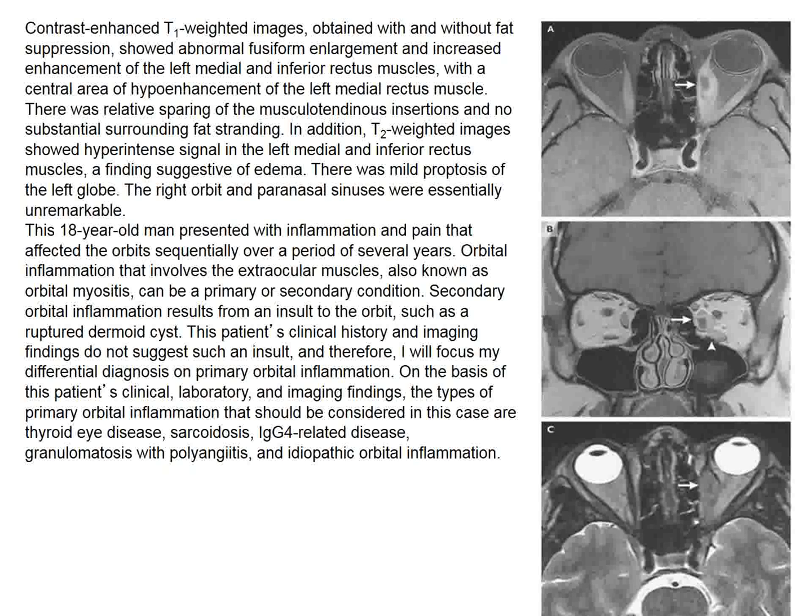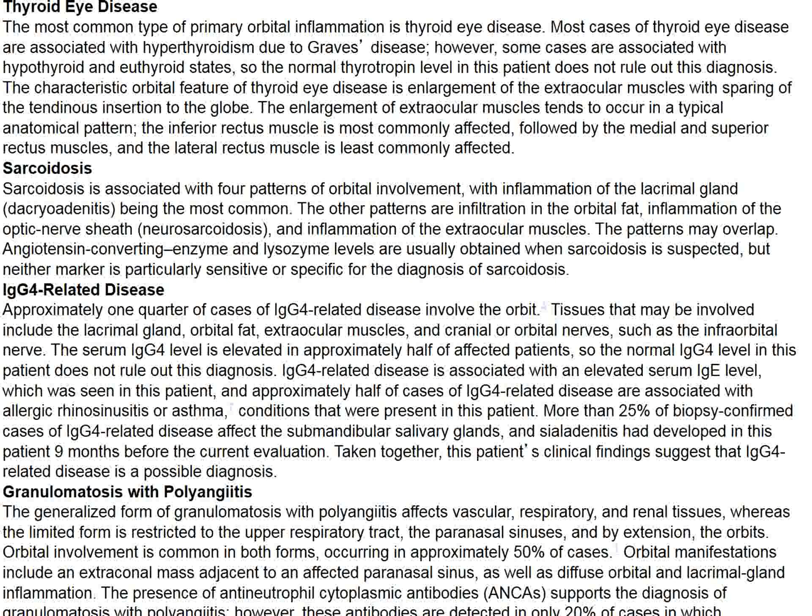IgG4 related disease remains in the differential, and these conditions are discussed here. Could this be sarcoidosis? No evidence. To make the diagnosis of IgG4 related disease, a biopsy would be necessary, since IgG4 levels are commonly normal.